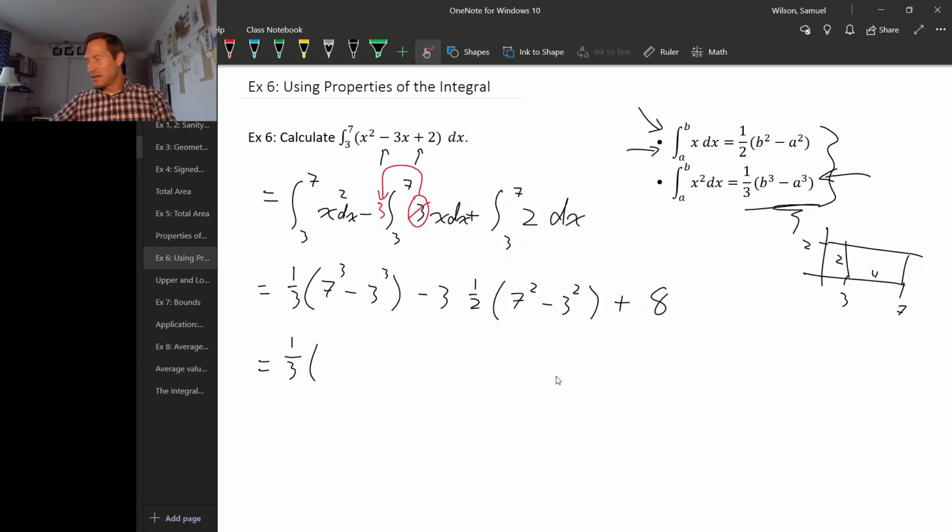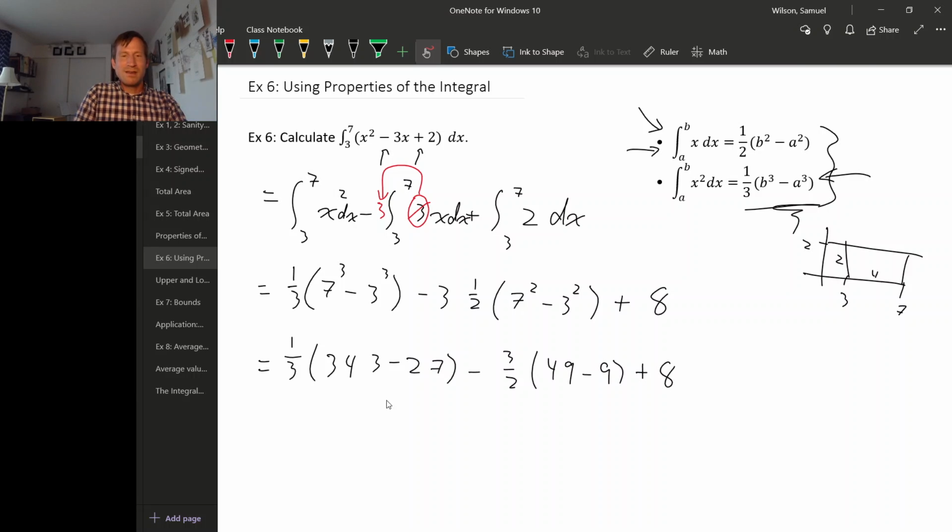So 7 cubed, I don't have that one memorized. 343 minus 3 cubed is 27, minus, let's see, 3 halves times 7 squared is 49, minus 9, plus 8.